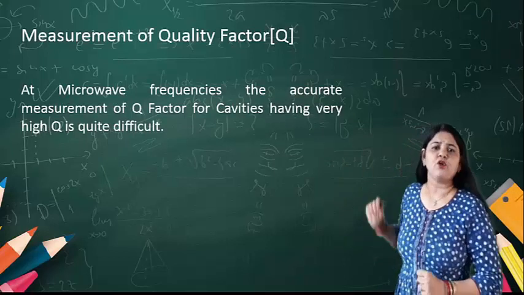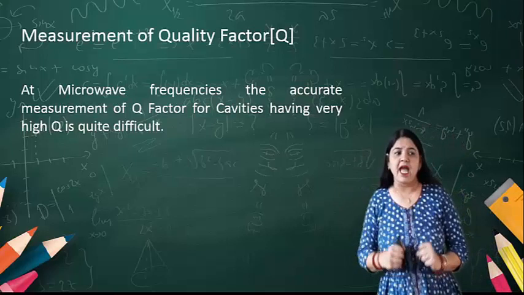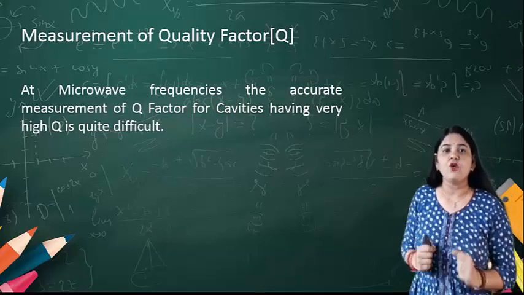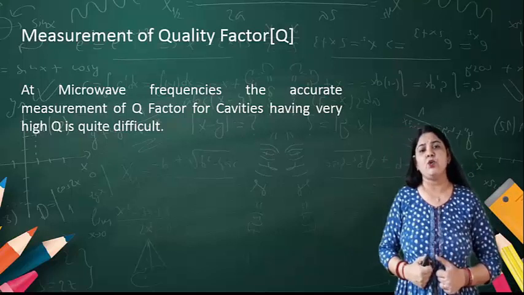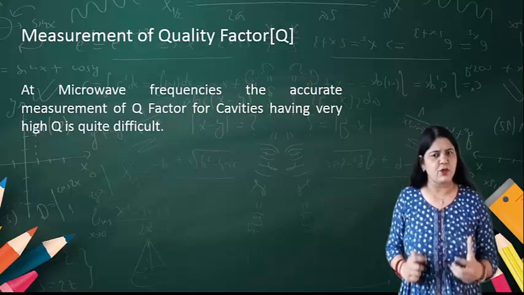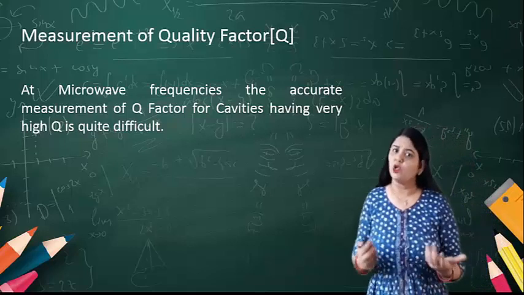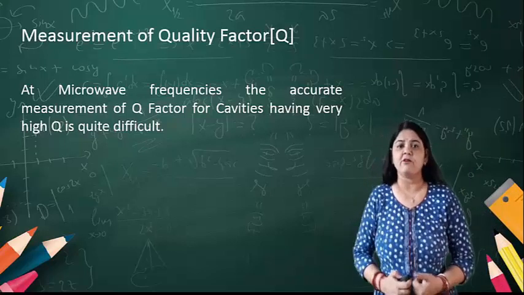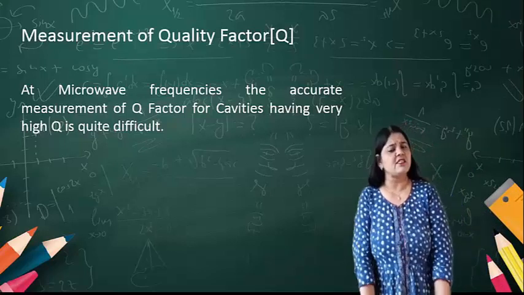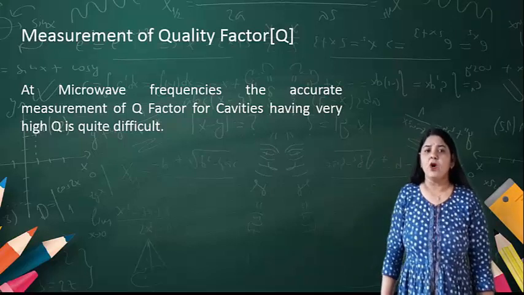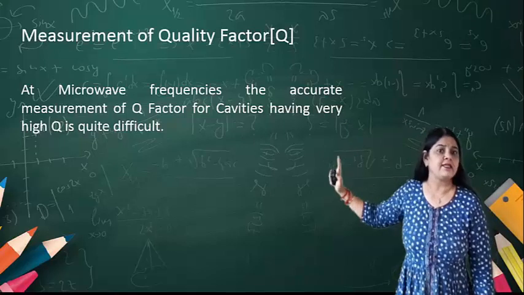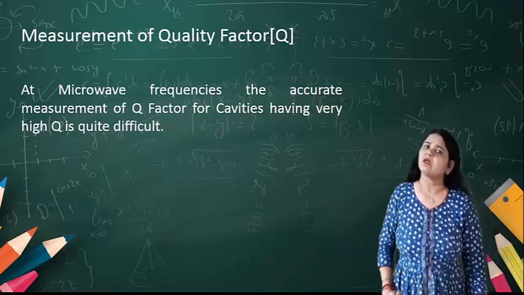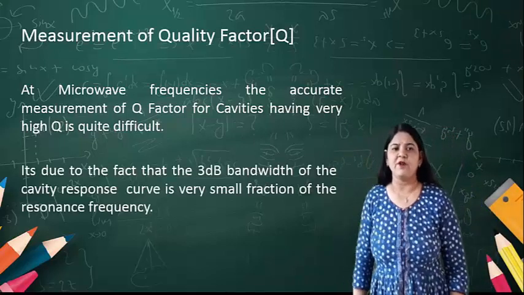At the microwave frequency, the accurate measurement of the Q factor for cavities having very high Q is very difficult. As we have already learned, low frequency analysis and high frequency analysis are totally different things. So again, measuring this quality factor at high frequency is very difficult.